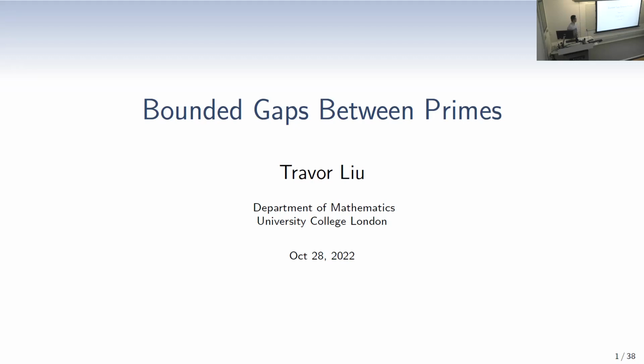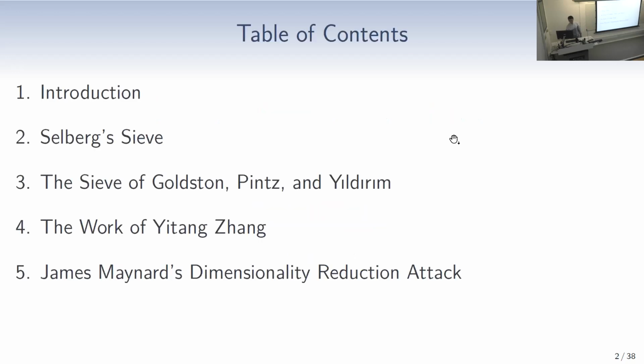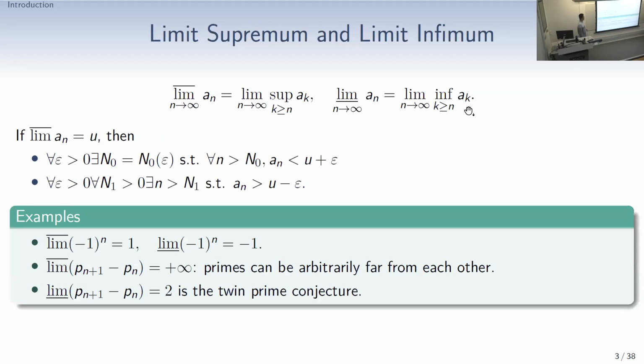Before everything, let me introduce certain notations that are used throughout the talk. This is just some analysis. In analysis one, we're told that every convergent real sequence is bounded.